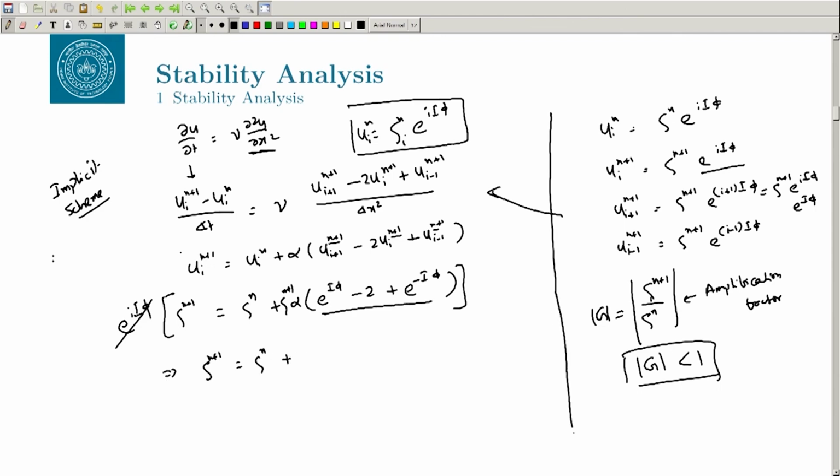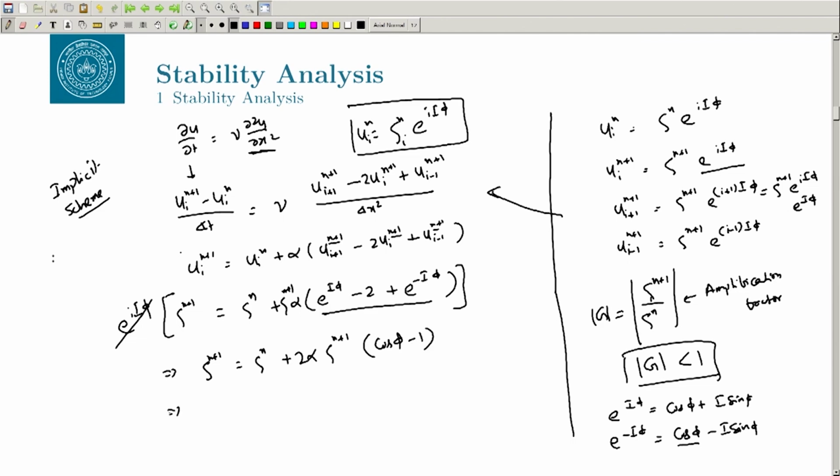So, we have discussed the Euler's equation, e to the power I phi is equal to cos phi plus I sin phi, and e to the power minus I phi will be cos phi minus I sin phi. So, if you sum that up, that will become 2 cos phi and there will be minus 2, right. So, this is alpha zeta to the power n plus 1, you can take 2 outside, that will be cos phi minus 1, right.